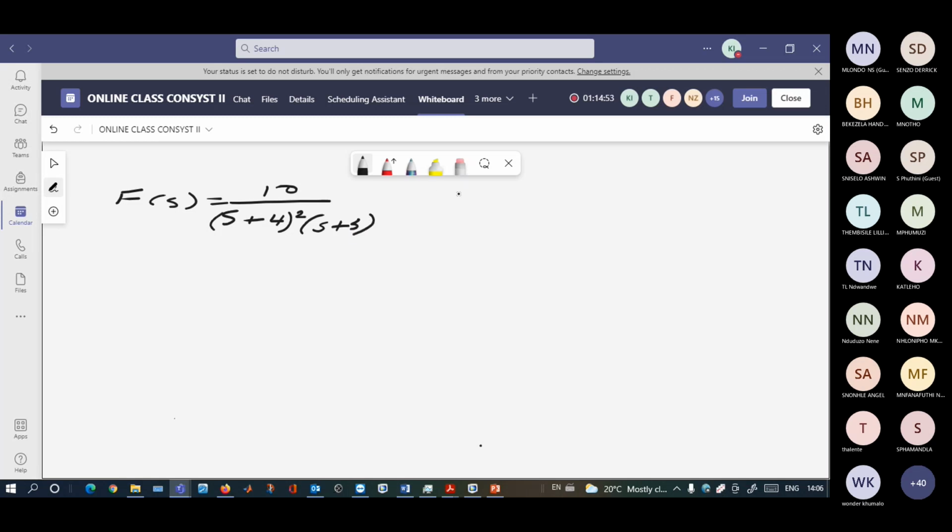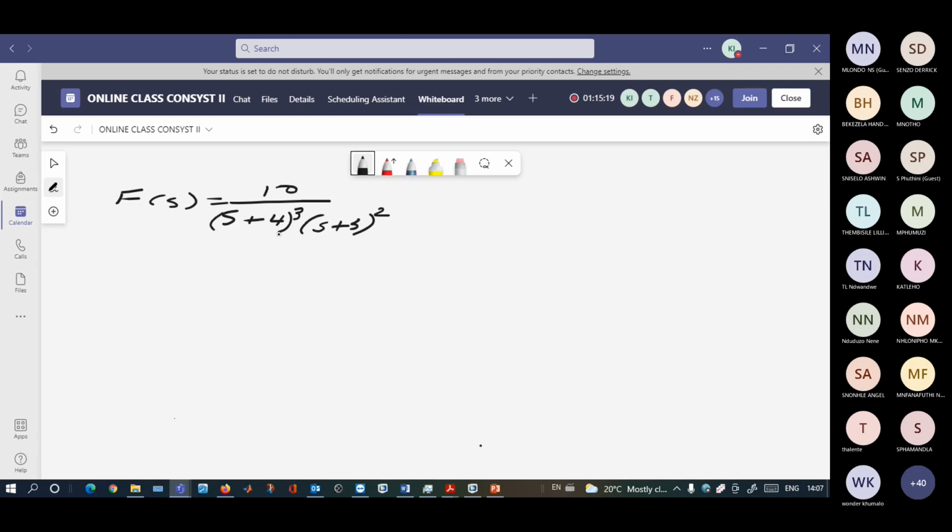No, I think this one, let's see this one here. Okay, it's cube and square. So this is cube, this is square. In this case, it means this one is repeated 3 times, right?